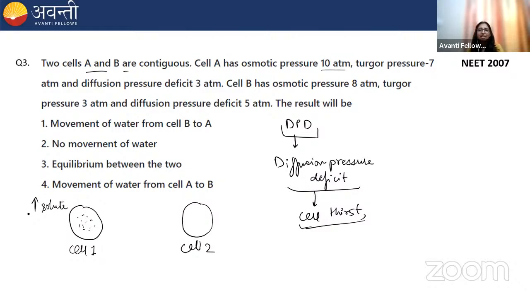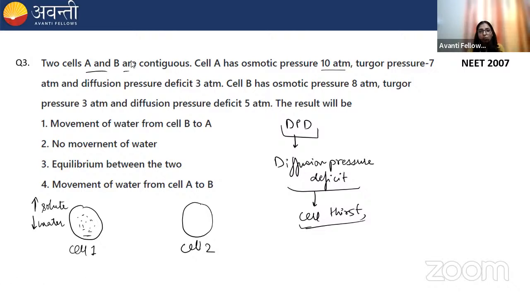Tell me, if the cell has a high solute, what will be the concentration of water? Low. Very good. If the cell has a high solute, that means the cell will have a low water potential, right? So cell thirst will be more. This cell will be thirsty or not?